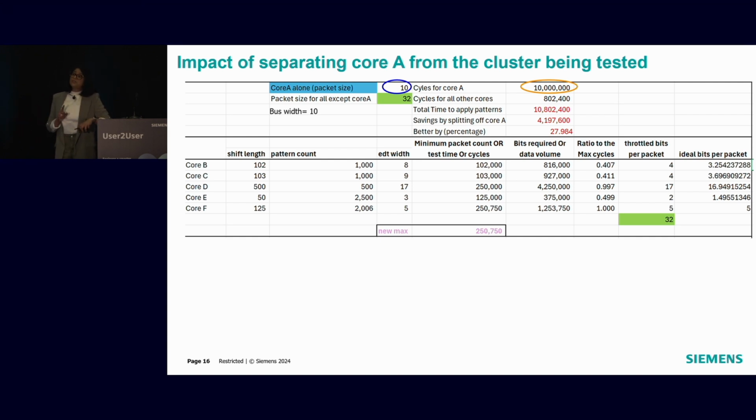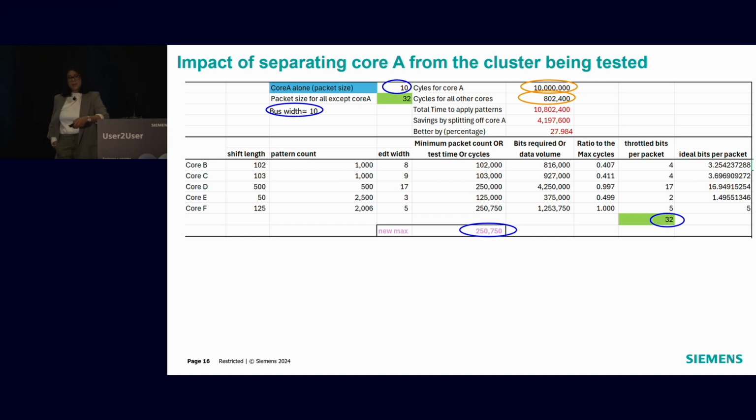But now that my factor has become greater than 1, those 10 million cycles multiplied by 1.5 versus only 250K for the rest of the cores, where the max of the rest of the cores is core F, multiplying 250K with 1.5, that changes the whole game. So if you now look, the cycles for all other cores are only 802K, and for core A are 10 million cycles.